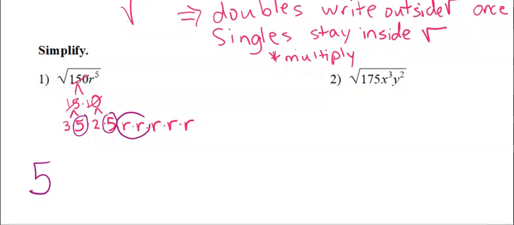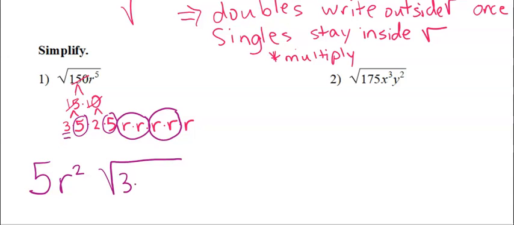We've got one double r and a second group of double r's, and so we write that as r to the 2 to show there's two groups, okay? And anything that's single gets left, so 3 goes inside, 2 goes inside, and this r goes inside.